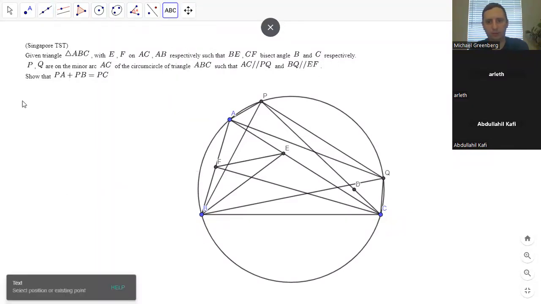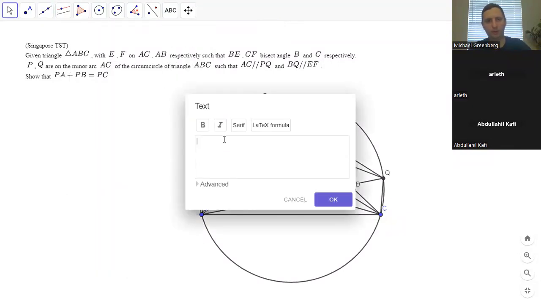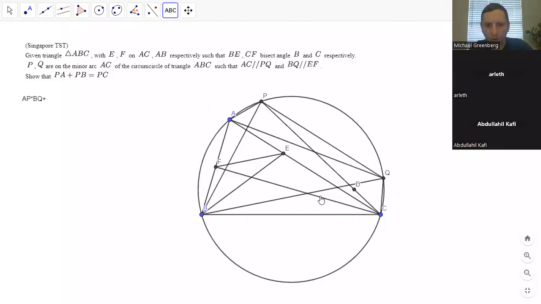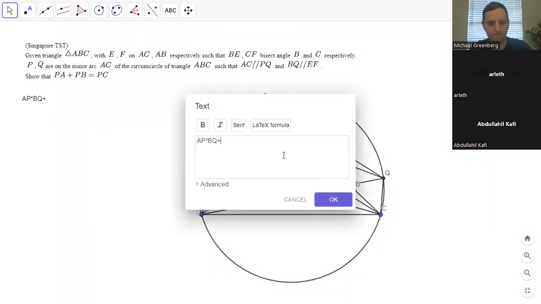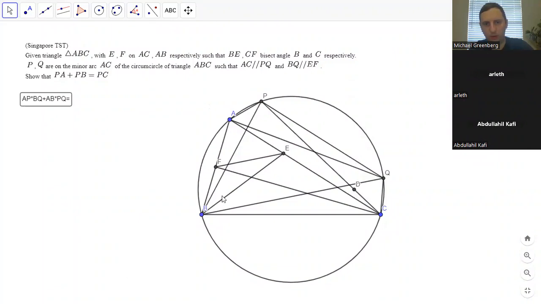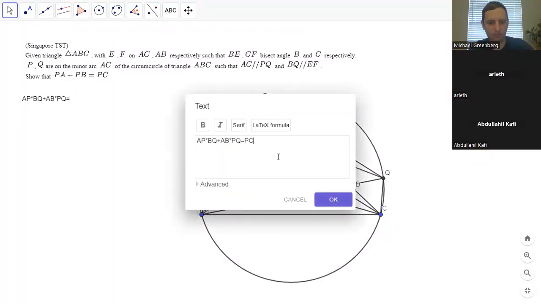So we have AP times BQ plus AB times PQ is equal to AQ, which is the same as PC, so that would be PC times PB. That's one equation.